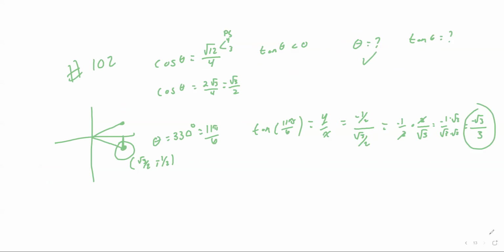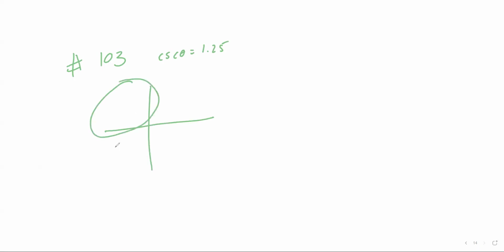Let's do one more, and then that will pretty much conclude y'all's video here. So that'll be number 103. At this time, it says, given that cosecant of theta is equal to 1.25, and the terminal side, which is where the angle lands, of theta lies in the second quadrant. All right, so we're somewhere right here.